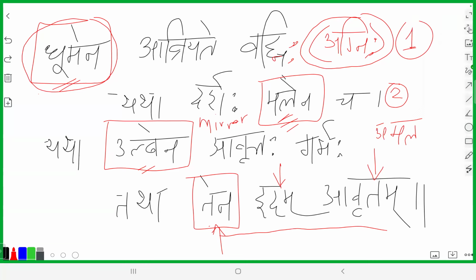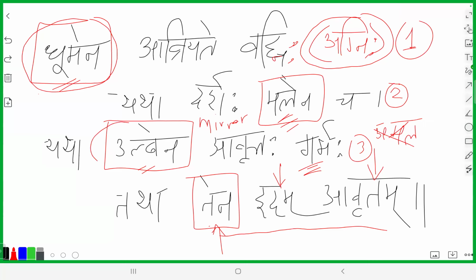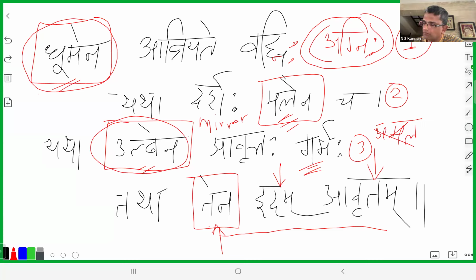The dust on the mirror can still be removed with a little force. And the third level of covering is the garbha, the womb, which is covered with the amniotic fluid. The child in the womb is all around surrounded by ulba. Can it be removed?